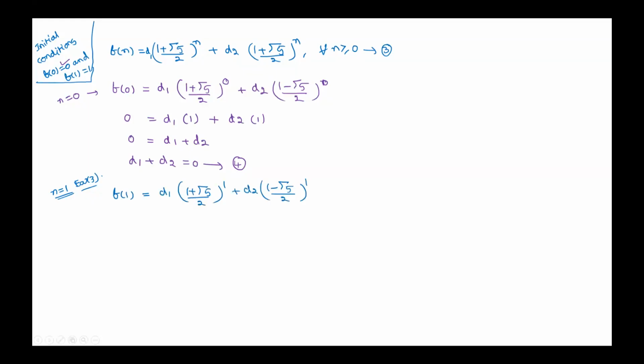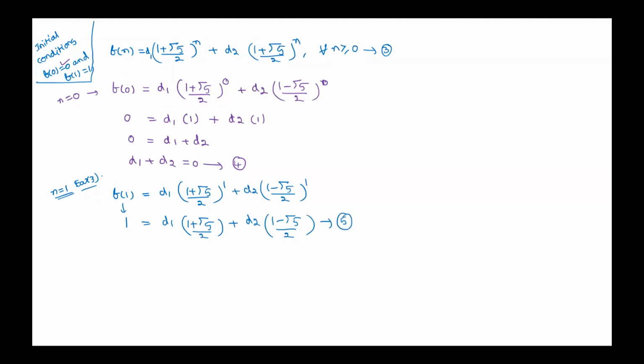Is it okay? So what is f of 1? F of 1 is 1. So 1 equals d1 into 1 plus root 5 by 2, plus d2 into 1 minus root 5 by 2. This is equation 5.